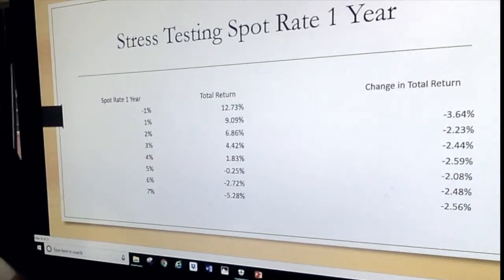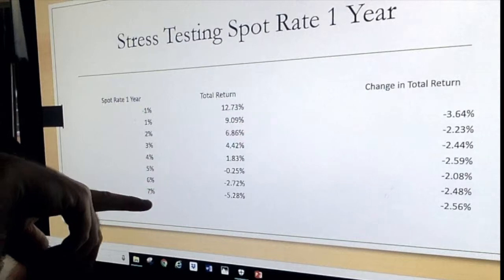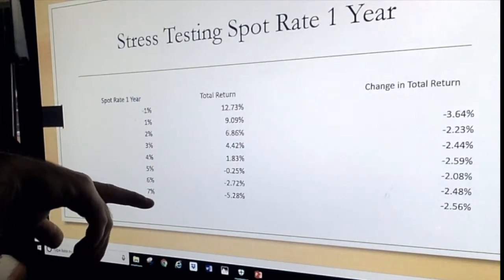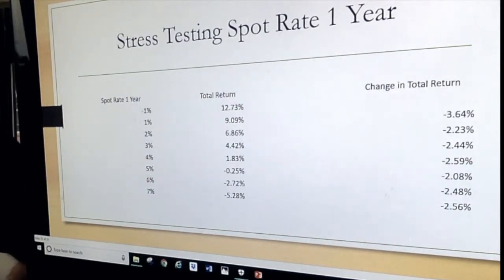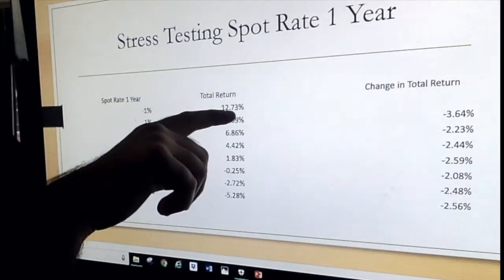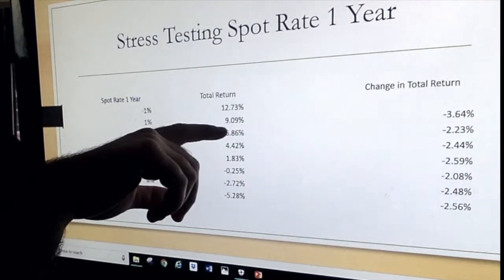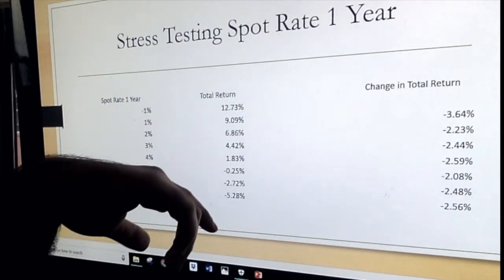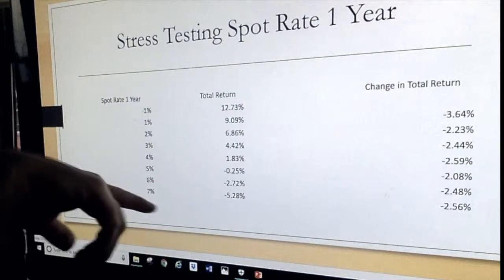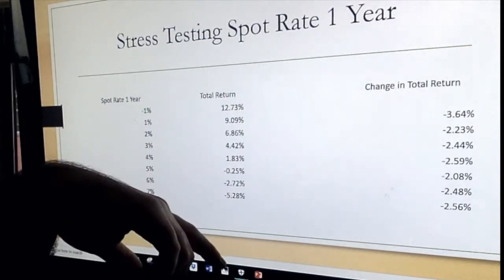I started with negative 1% for the 1-year spot rate and went through positive 7%. The total return when the spot rate is negative 1% is 12.7%, which is great. And then, of course, it decreases because of the negative correlation between the spot rates and the portfolio returns. And at 7%, I faced around negative 5% total return.